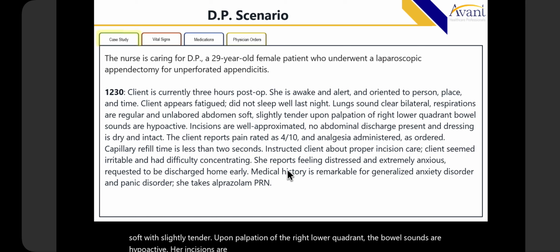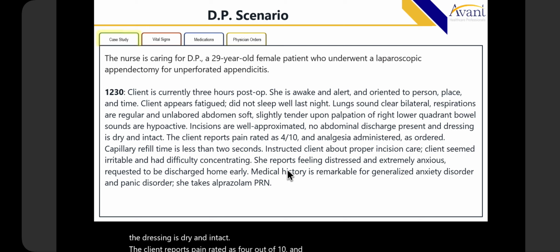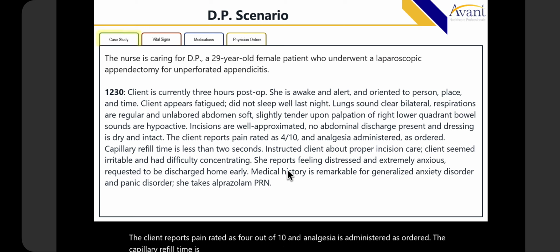Her incisions are well approximated. There's no abdominal discharge present, and the dressing is dry and intact. The client reports pain rated as 4 out of 10, and analgesia is administered as ordered. The capillary refill time is less than 2 seconds. Instructed the client about proper incision care.